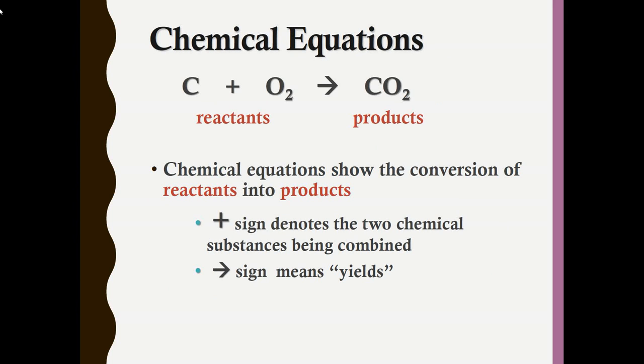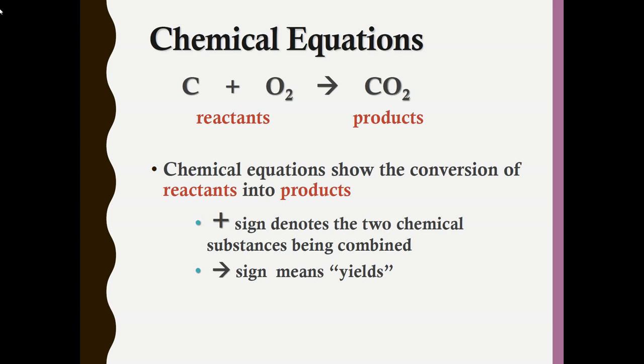Now, if I add carbon and oxygen, we are going to get carbon dioxide, so I can say C plus O2, because oxygen is going to be a diatomic molecule. So I'm going to get carbon dioxide. So chemical equations show the conversion of reactants into products. So two different elements are reacting and making a different product.